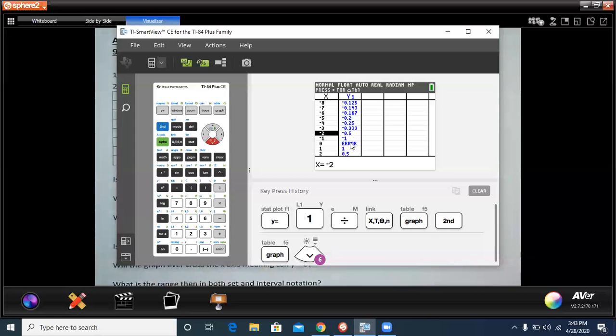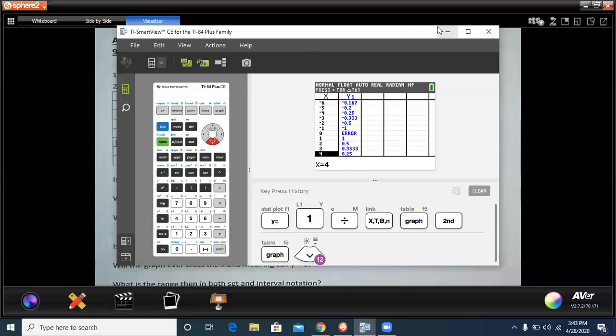And then at 0, it says error. And then at 1, we are at 1. And then at 2, we are at +1/2. And at 3, we are at +1/3.